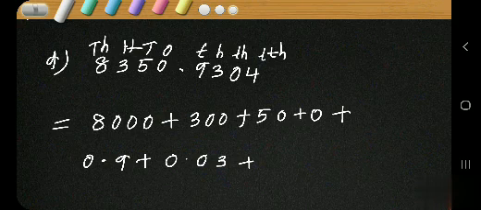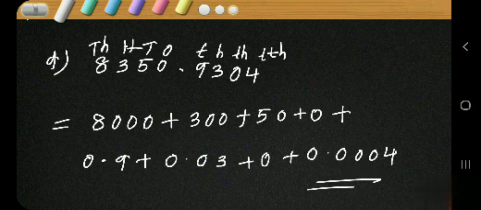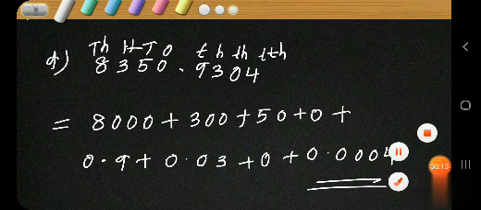Place value of 0 is always 0. Now comes 4, the fourth digit in the decimal part, so 4 decimal places, 0.0004. Have you understood how to write the expanded form of a given decimal number?